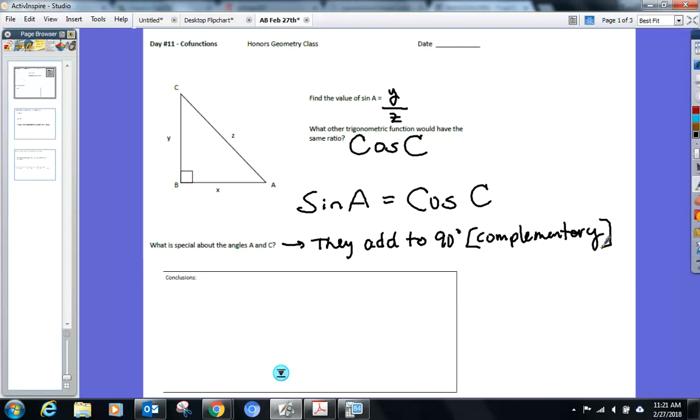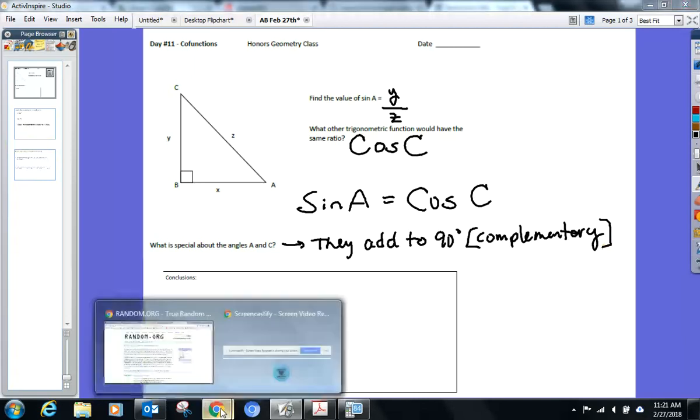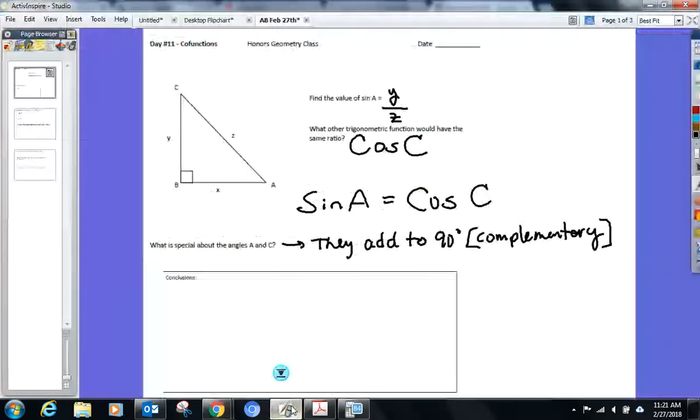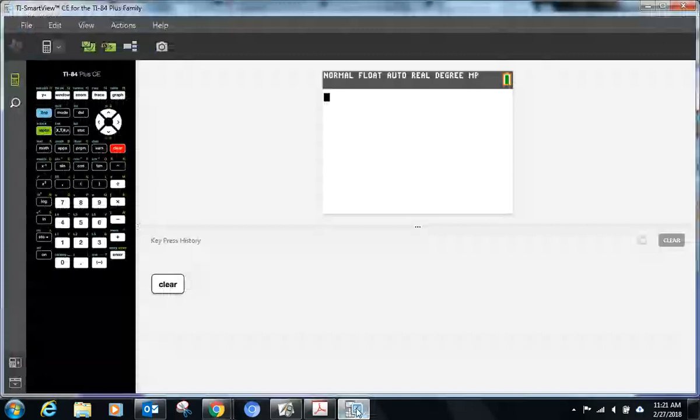Got your calculators? Who's got 2? Will, pick an acute angle for me. I need an acute angle from you. Angle C, 45 degrees. Can you give me something else? 36. Okay, 36. All right, everyone ready?